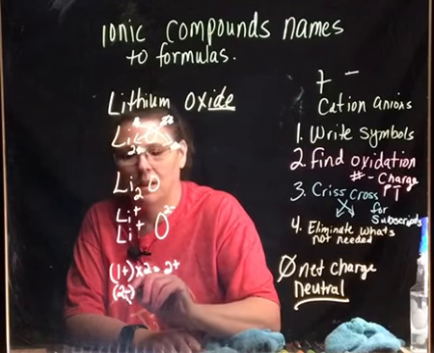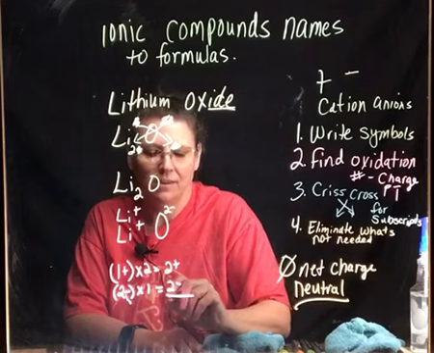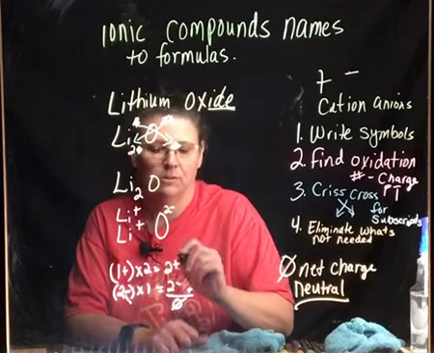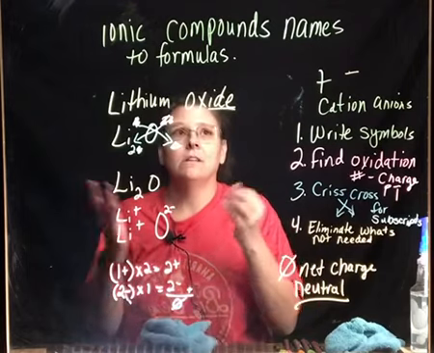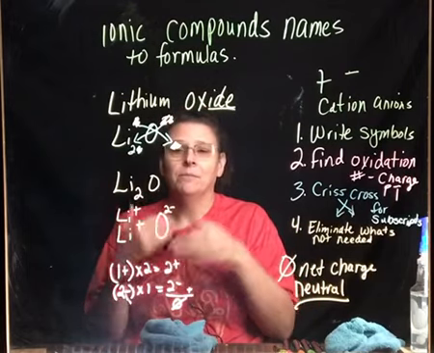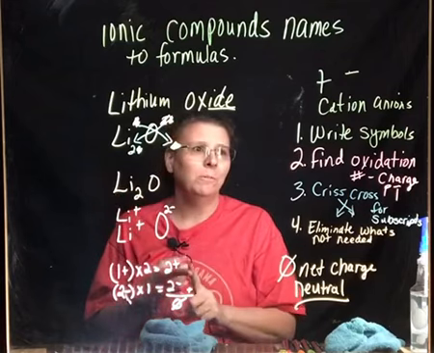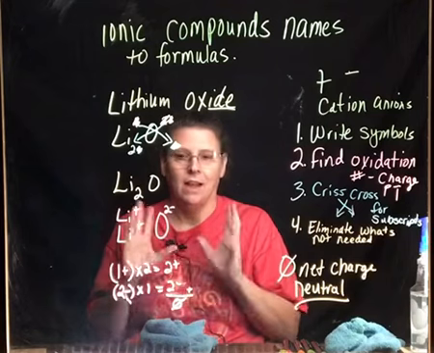We only have 1 of those, and that gives me a 2 negative. Together, this equals 0 charge, a net 0 charge. So this is the easiest, what we've already kind of started. So ionic compounds, names to formula. If you have a name, find your symbol, find your oxidation number, crisscross, eliminate, have a 0 net charge.